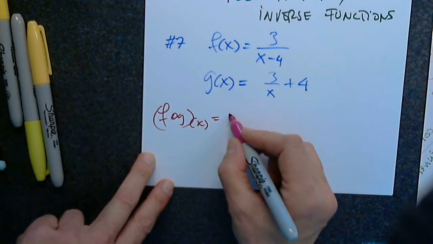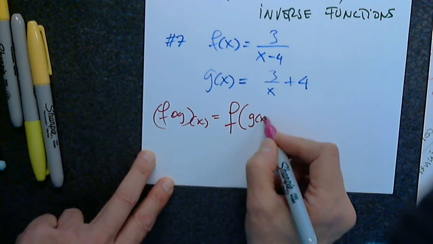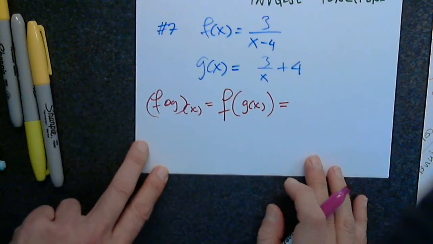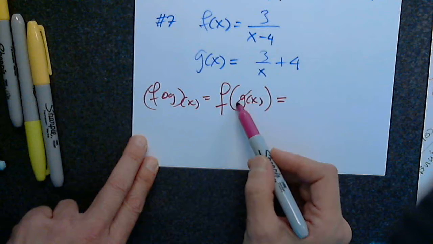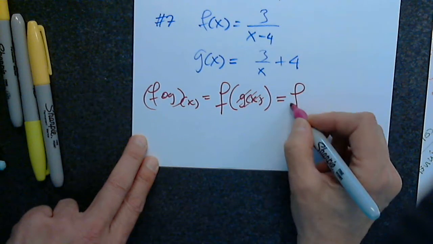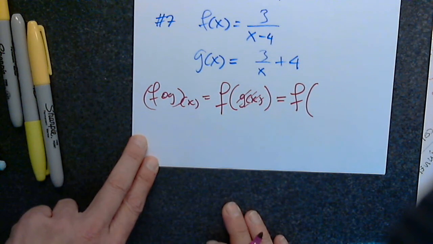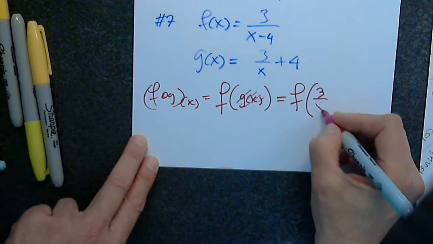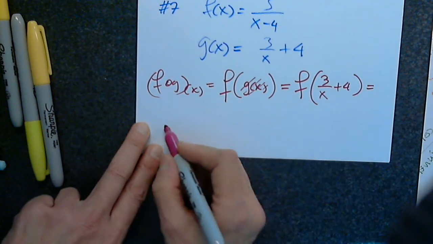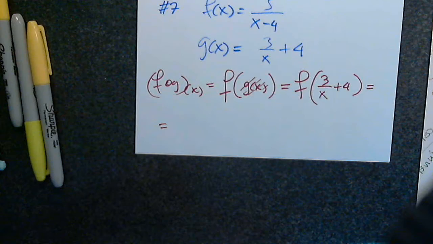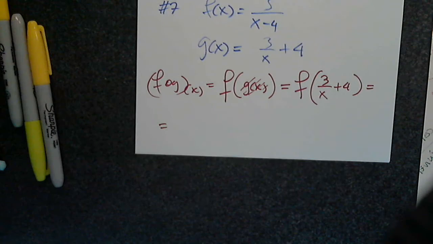So by definition, this is f of g of x. I have to start with the inner function. I have to replace the inner function by, can anyone dictate? 3 over x plus 4, very good. Now I have to be very careful, because the next step is I look at f. Let's understand what f is saying to us.